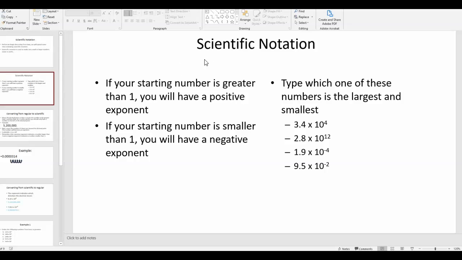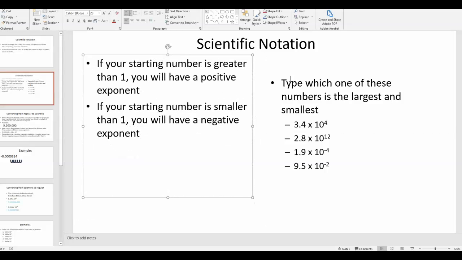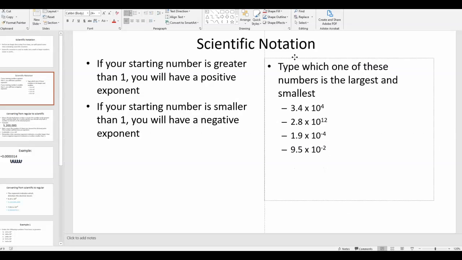Okay, so here is basically how scientific notation works. When you have a number in scientific notation, the way you write it is you always have a decimal point. You always have exactly one number to the left of the decimal point. Let's say, I don't know, 1.